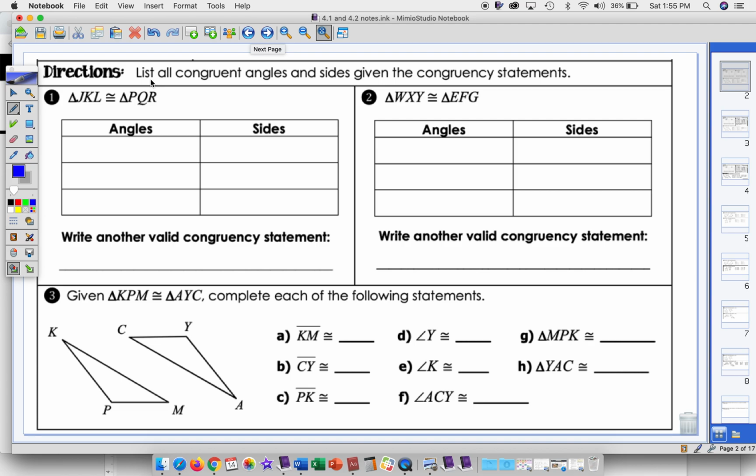Okay, so for now we're going to list all congruent angles and sides given the congruency statement. So again, with this statement, I don't even need a picture.